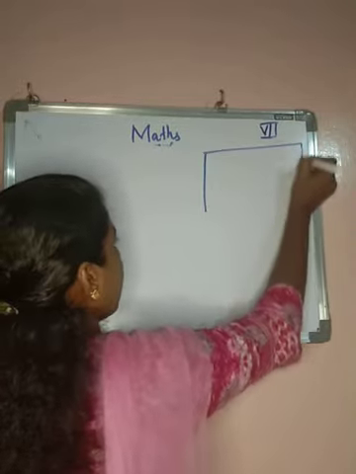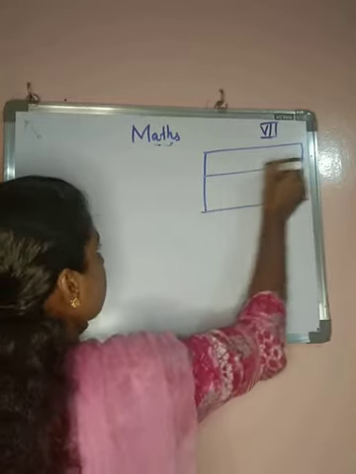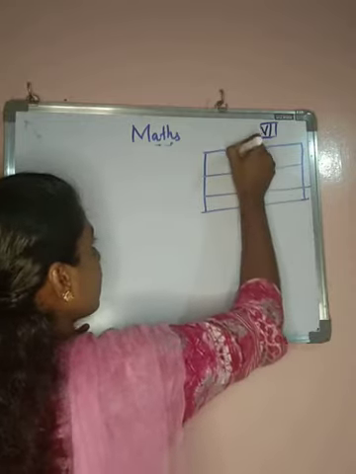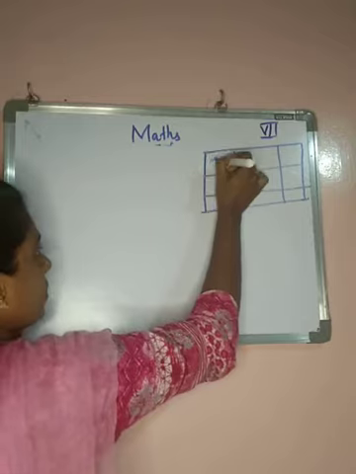The square is this one. Okay, first one is 4 by 11.